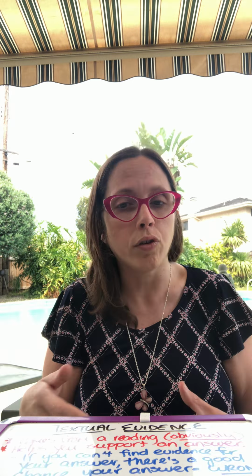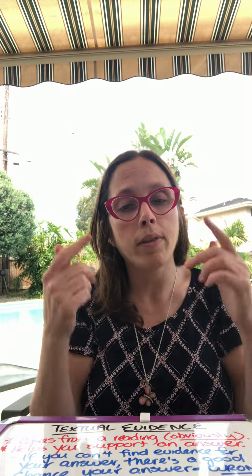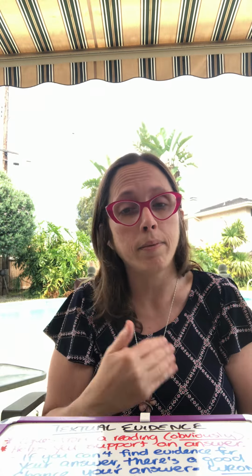If there are questions at the end of the passage, or your teacher, like me, is saying, hey, you're reading this to do some character analysis, then I need to read with an eye towards those questions or that assignment, so I can be gathering my textual evidence as I go along, making it a little easier on me. So when I'm done, I already have notations of, okay, this is where I learned about the character, or these are some things that helped me understand the theme, or whatever it is that I'm doing with that reading. And then your job at the end becomes easier.